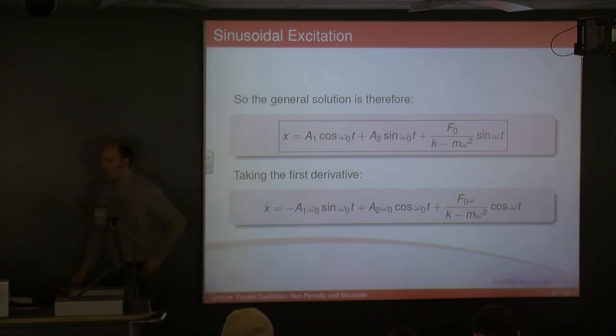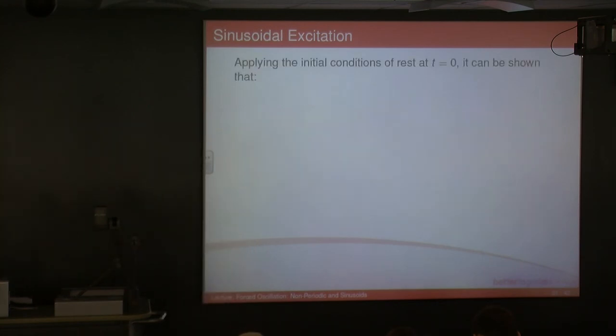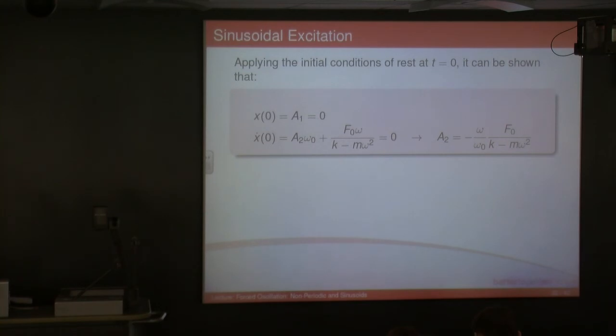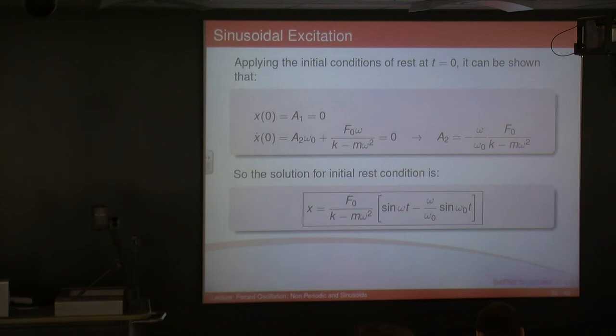And so it's quite clear that we can work out what a2 is. a1 was 0, a2 is minus omega upon omega naught, f naught divided by k minus m omega squared. And so you can plug it in and you end up with this as your solution for initial rest conditions.